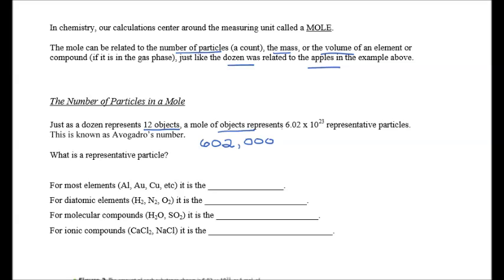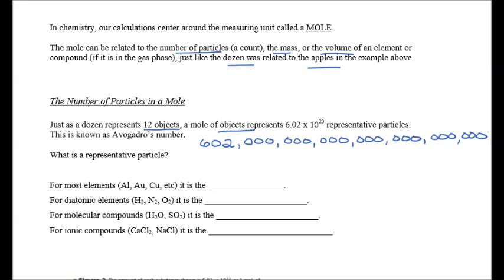A mole is 602,000 billion. So if I have a mole of trees, I have 602,000 billion trees.